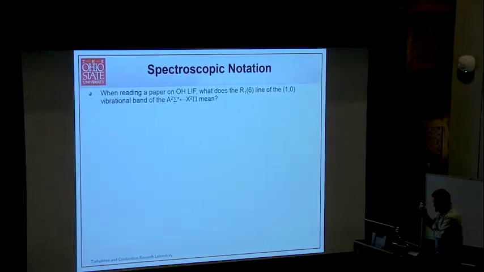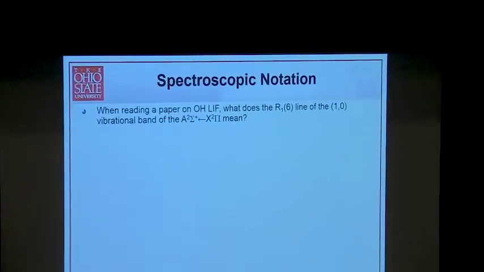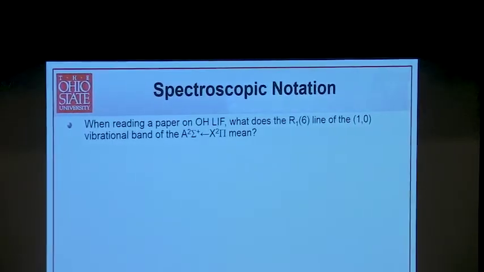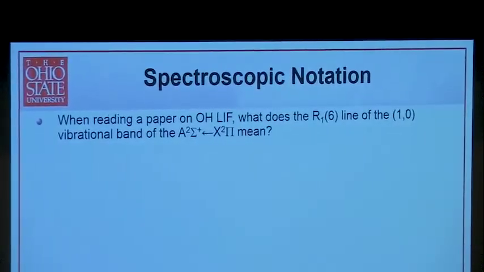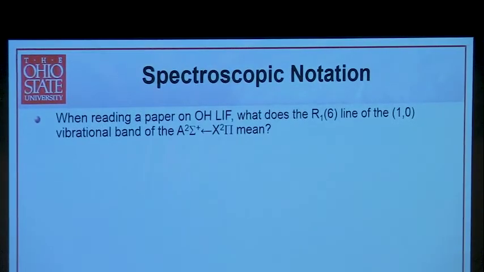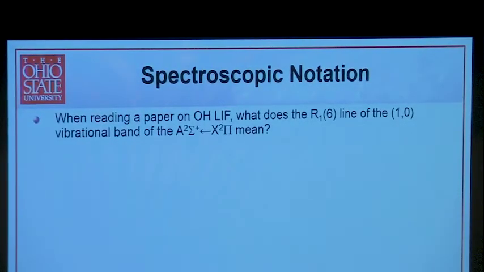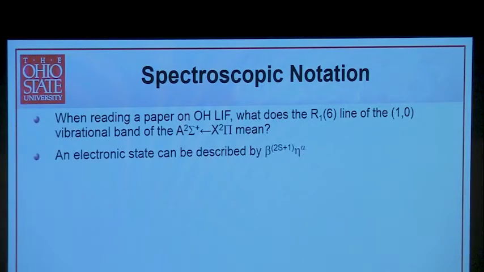Now, one thing that's useful is a comment on spectroscopic notation. So you may read a paper and you see something like, they tuned to the R16 line of the 1,0 vibrational band of the A-X system. And again, many of you will already have gone and looked at what this means, but I thought I would provide a key for what this means.